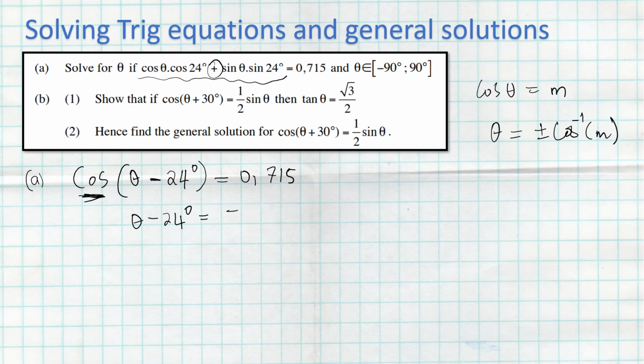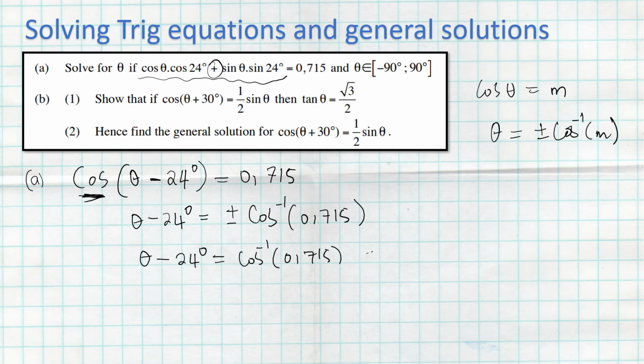Theta minus 24 would be plus or minus arc cos 0.715, right? So we can have theta minus 24 degrees is equal to arc cos 0.715, or theta minus 24 degrees will be equal to negative arc cos 0.715. Okay, so we can go and solve for theta there.